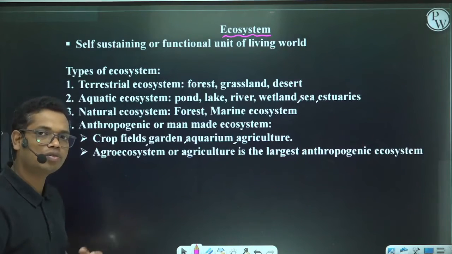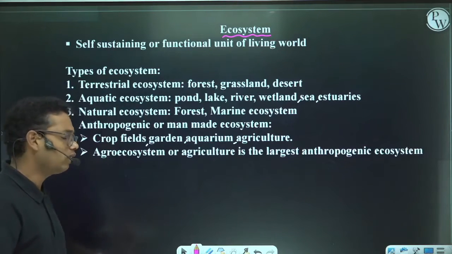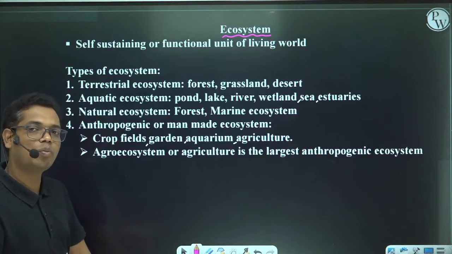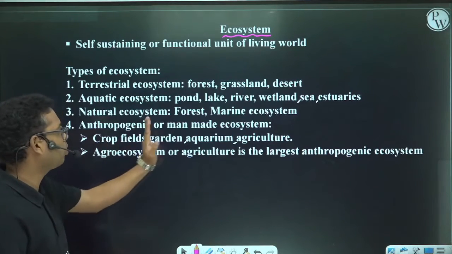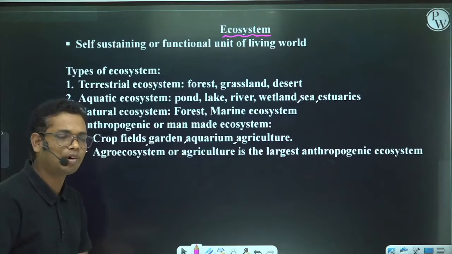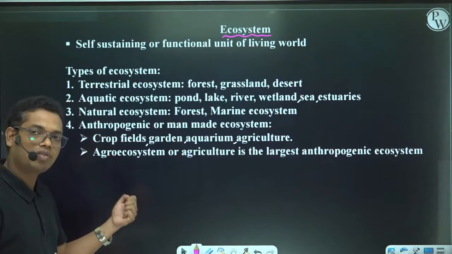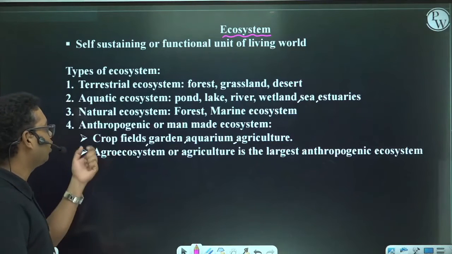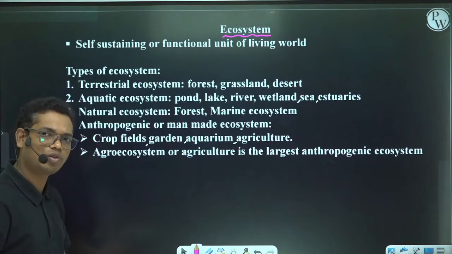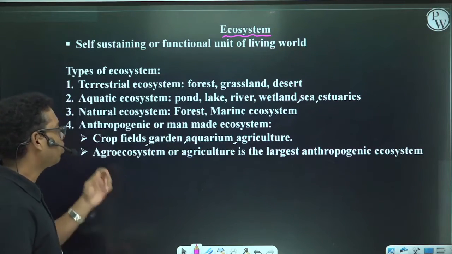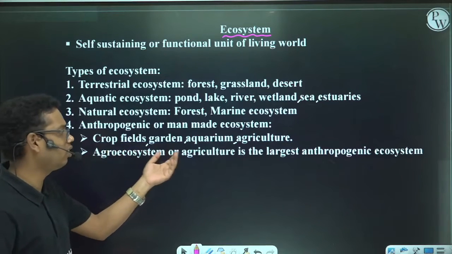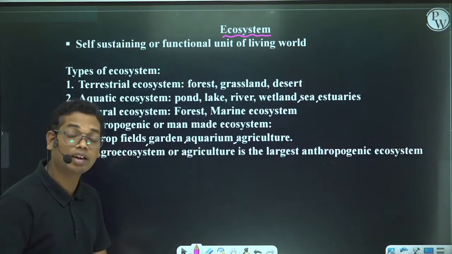And if an ecosystem has developed without any involvement of human beings, that is a natural ecosystem. Examples you can see here: forest, marine ecosystem. And if an ecosystem is developed by human beings, that is an anthropogenic or man-made or artificial ecosystem. Some of the examples you can see: crop fields, garden, aquarium, agriculture fields.